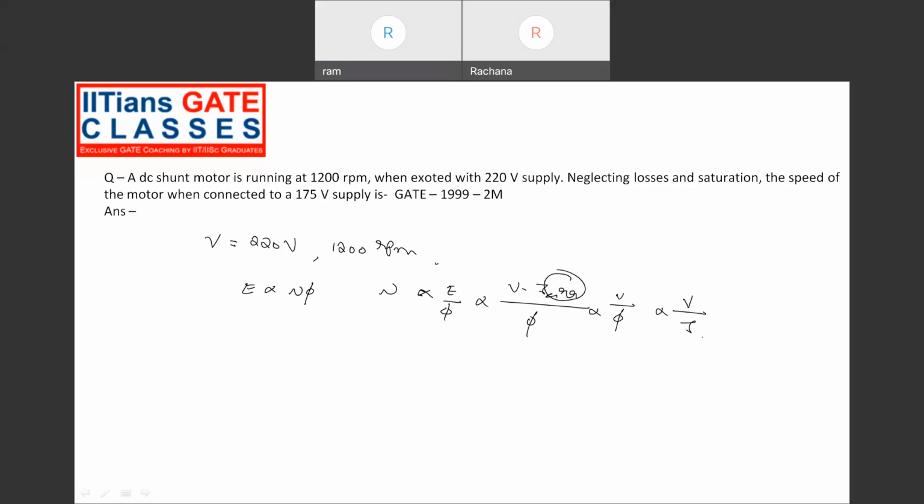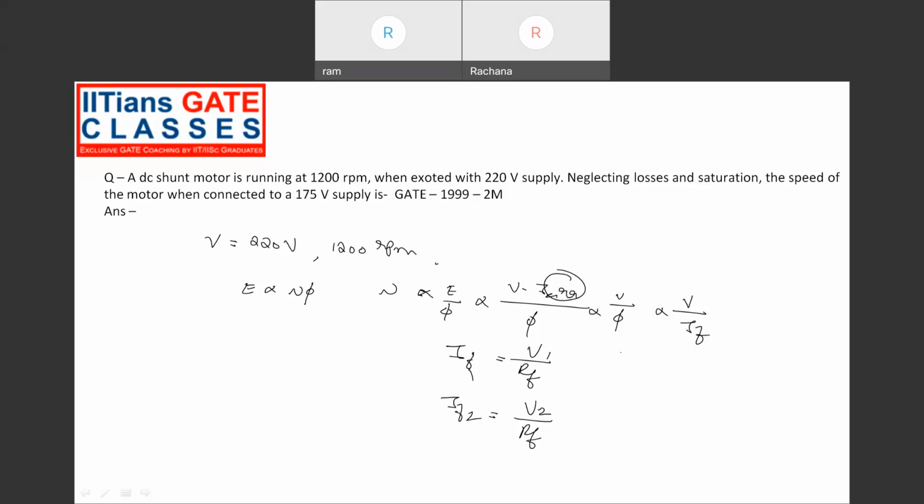Flux is proportional to the field current IF. We know that the field current for a shunt motor is given by terminal voltage by field resistance. So field current 1 will be terminal voltage V1 by the field resistance, and field current 2 will be V2 by the field resistance RF.